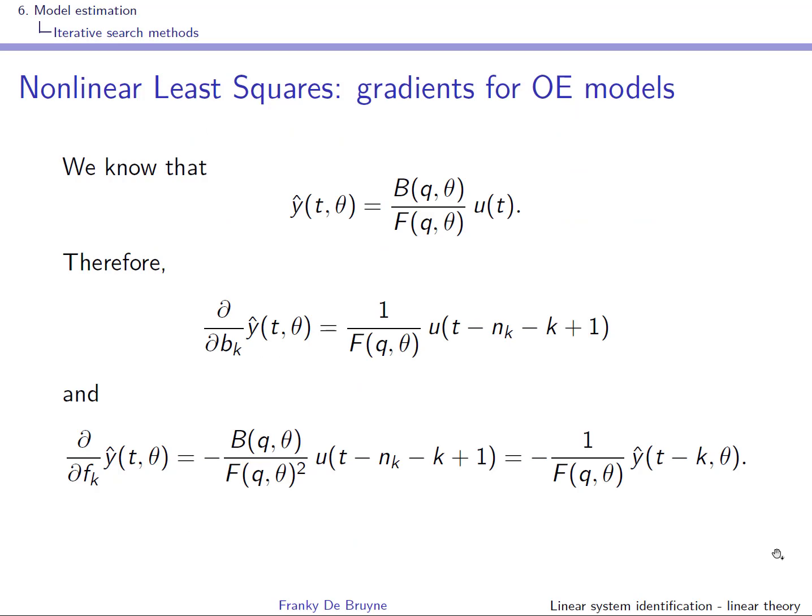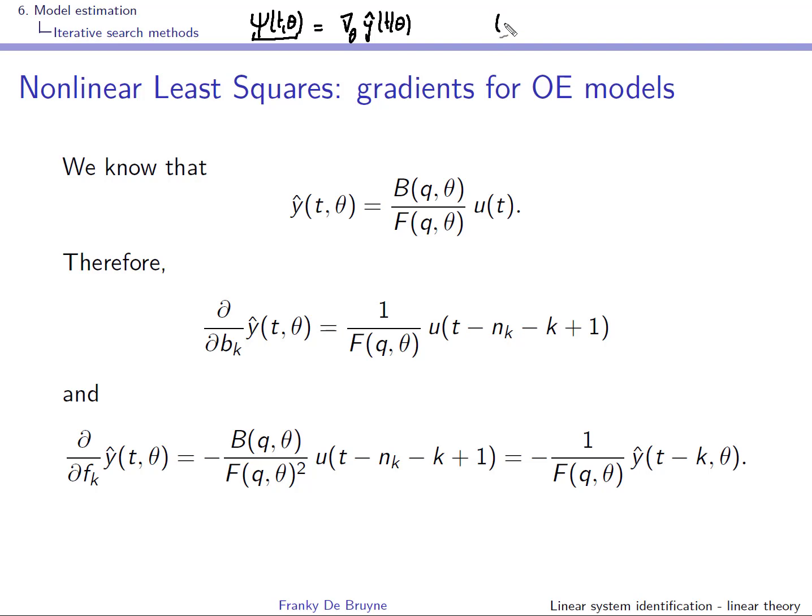So what we need now is to compute the psi theta, which is really the gradient of the one step ahead prediction with respect to theta. Why do we need this?